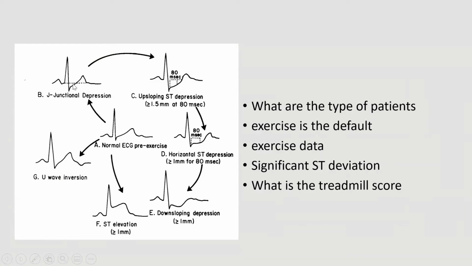The ST segment starts from the S wave to the T wave. So the ST segment is from the S until the end of T. But usually what we are focusing on when we talk about ST segment shift is this part, from the S to the beginning of the T wave.